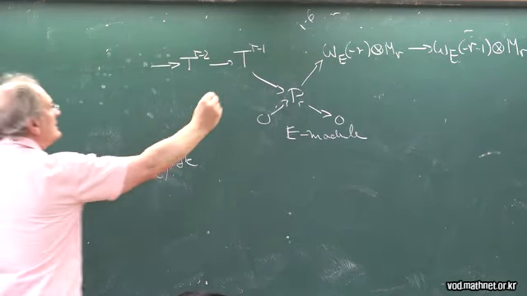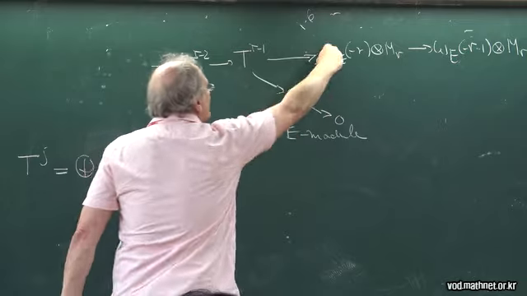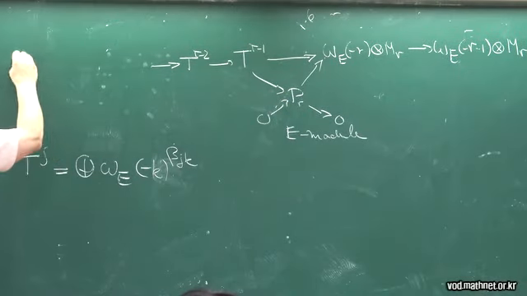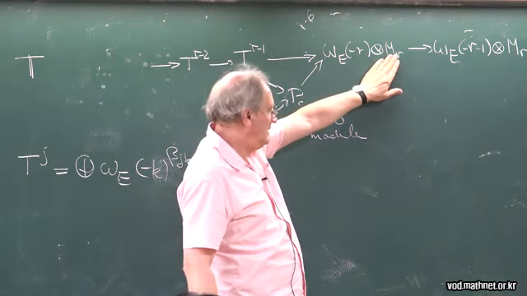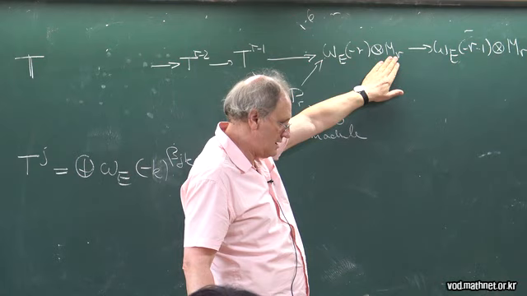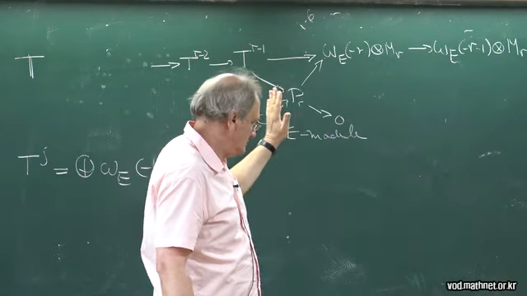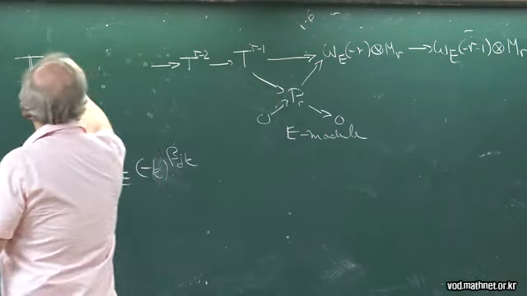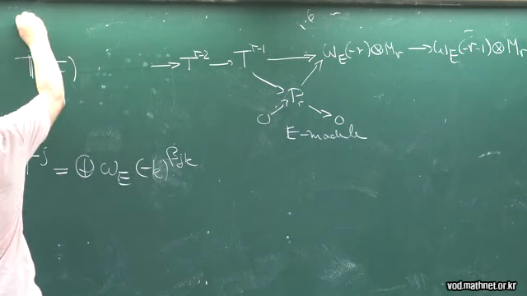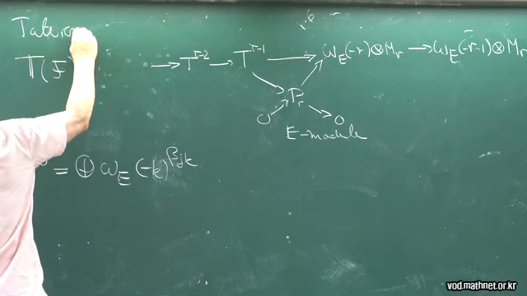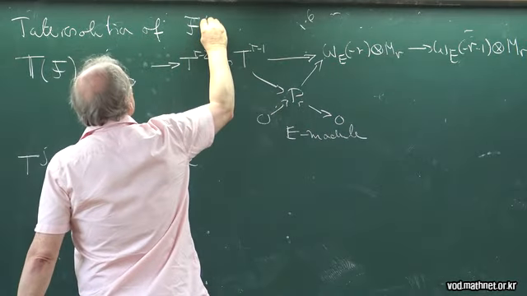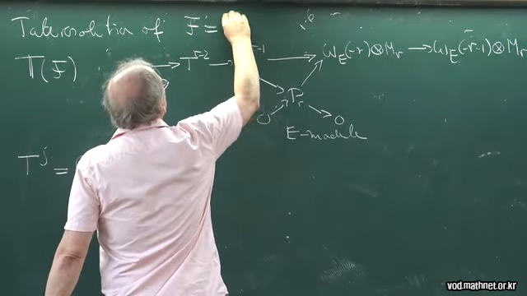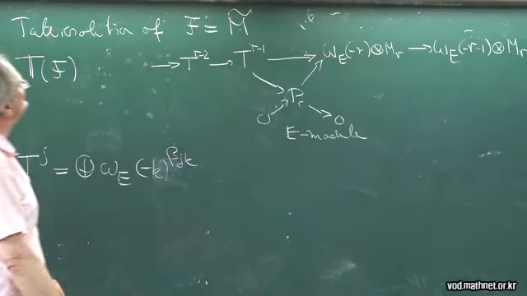And continue. And now, if you splice this together, we have a doubly infinite complex T, which is a Tate resolution of F, the associated sheaf of M tilde.